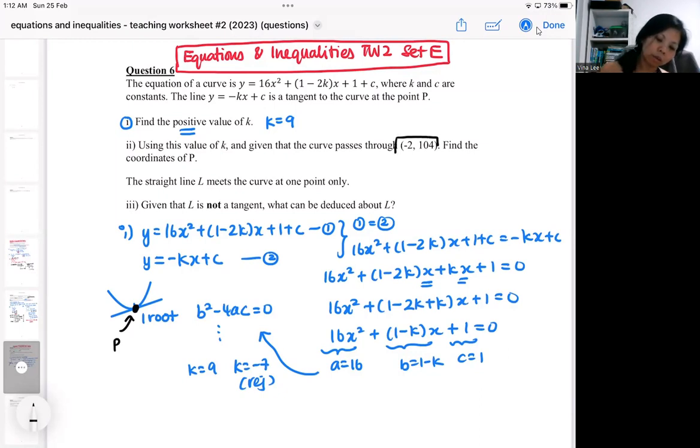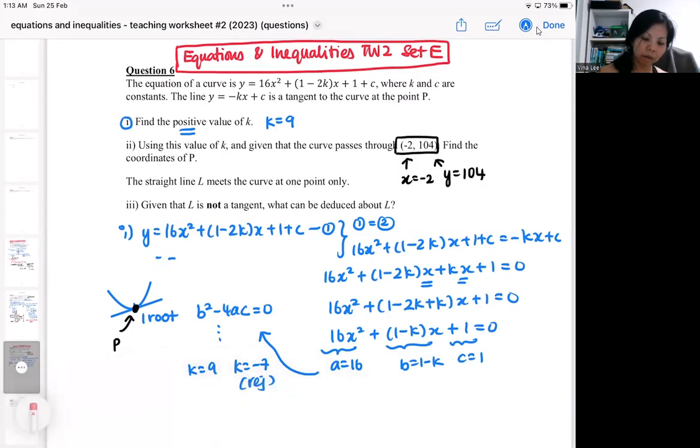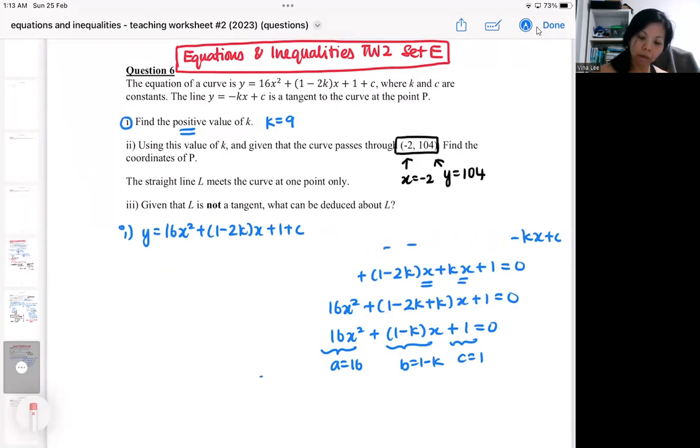So a lot of students, they don't know how to make use of this point. The purpose of giving you this point is to sub your x and y. So a lot of students, they are not very good with this context. They don't have the instinct that if a point is on a straight line, you can sub the x and the y coordinate. So a lot of people will have this issue.